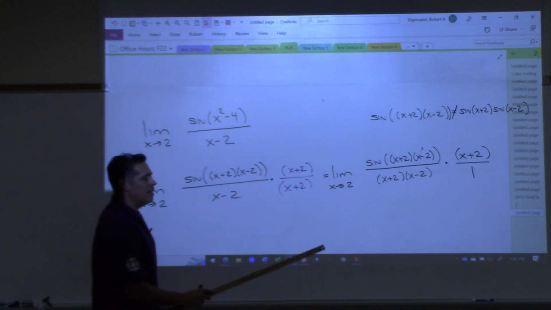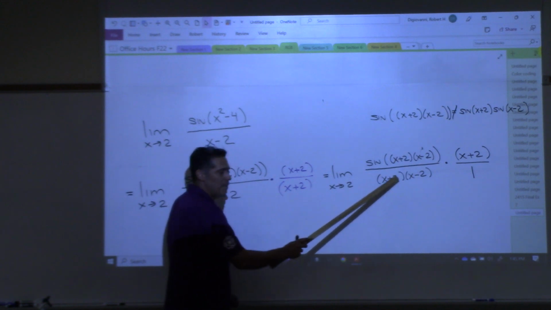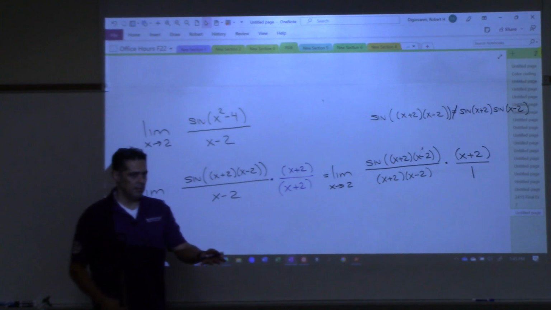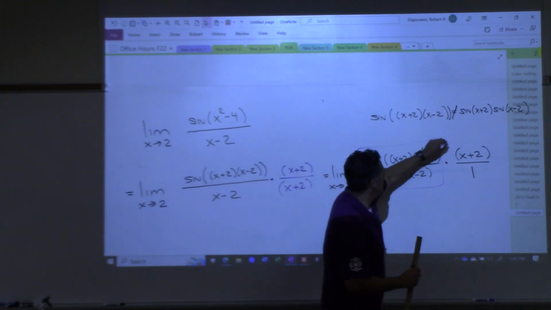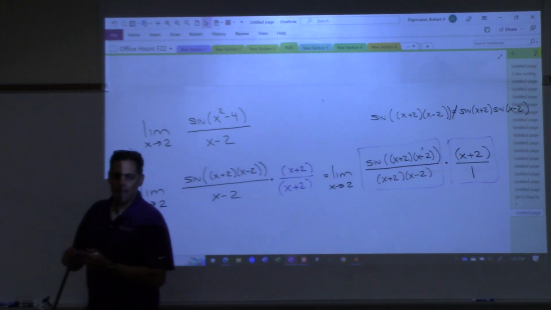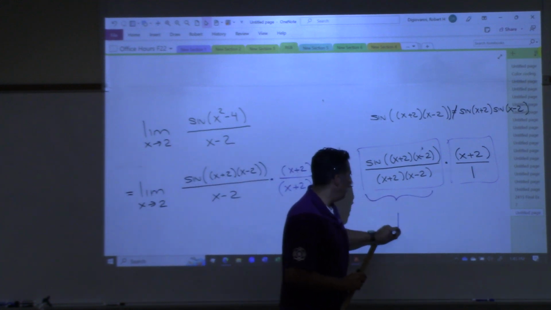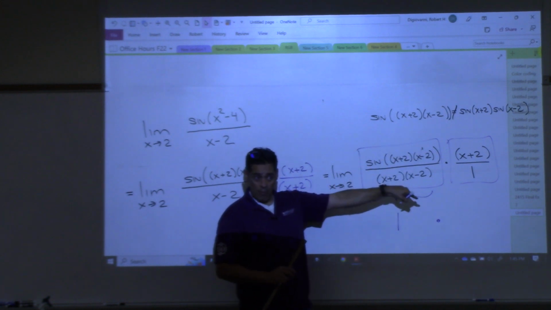So now, have I created sine of junk over junk where the junk matches and it goes to 0? Yes. Can I look at this limit by itself, and then this limit by itself? Yes, limit laws allow me to do that. So when I take this limit, this goes to 1 times, and I let x go to 2, and I get 4 over 1, which is 4.